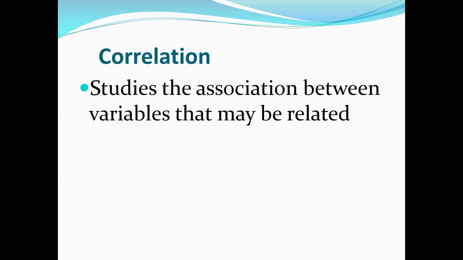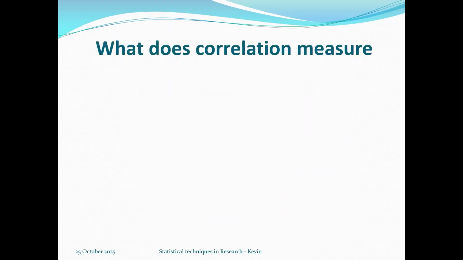Correlation studies the association between variables that may be related. If two variables are related, we can find out whether they are related by finding out the correlation between the two variables. What does this correlation measure? It's a measure of covariation. It is not a measure of causation.